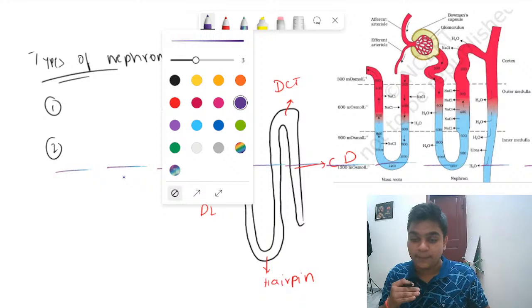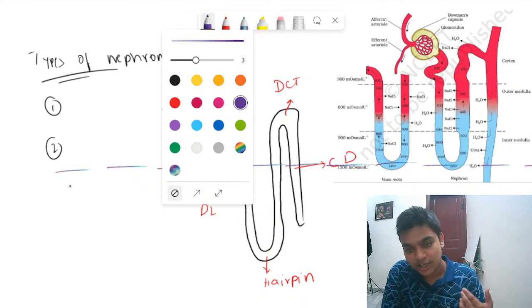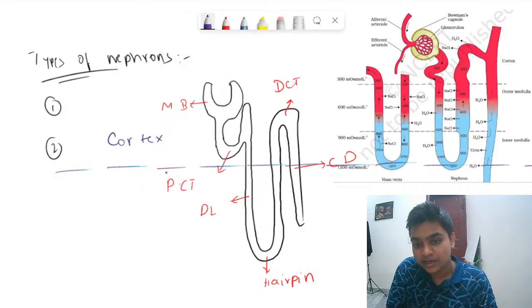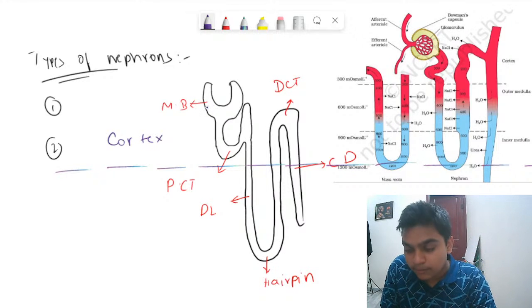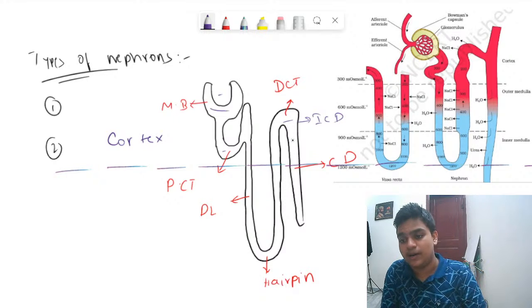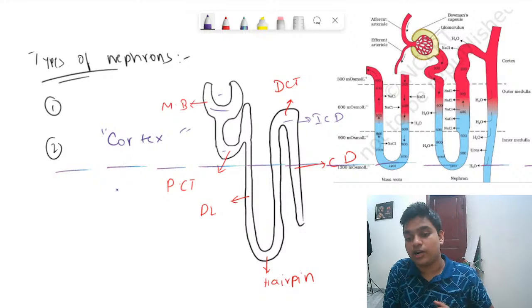Now the part which is above this line is called the cortex. The cortex part consists of the Bowman's capsule, glomerulus, PCT, DCT part, and the initial collecting duct part.